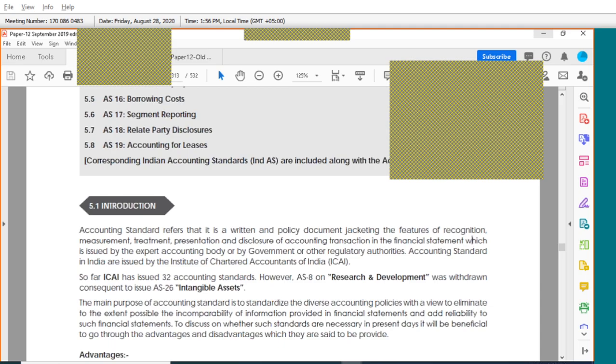Conservatism concept. Yes, good. Any other answer? Why is it valued at a lower price? If I value at a higher price, what is the impact? It leads to high expectation of profit. Good answers. So correct.